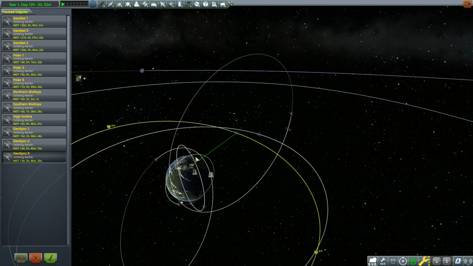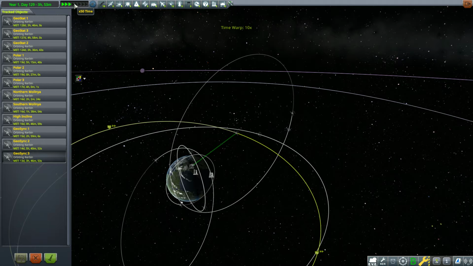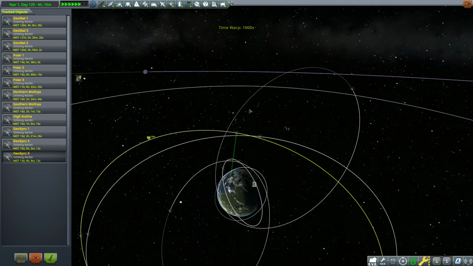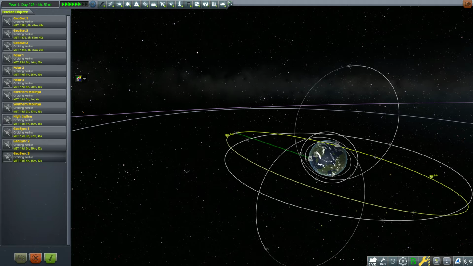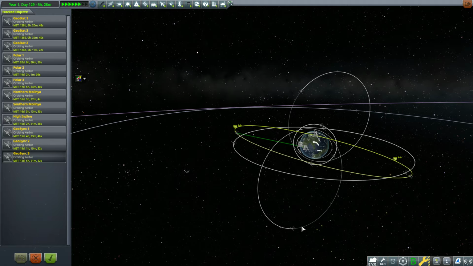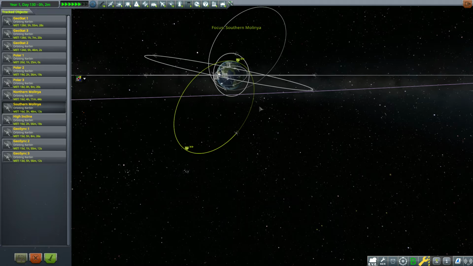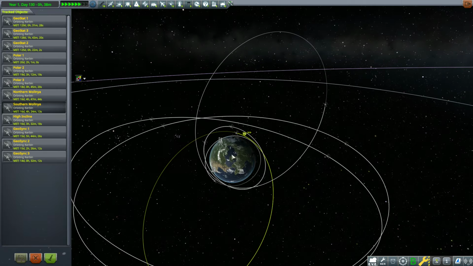Because it's always in the same place and it goes over the poles at a 90 degree inclination, as the planet spins, the satellites have the capability to observe 100% of the surface of the planet.